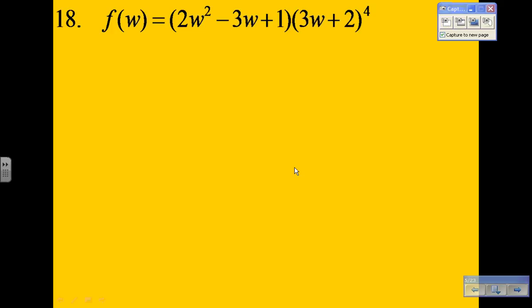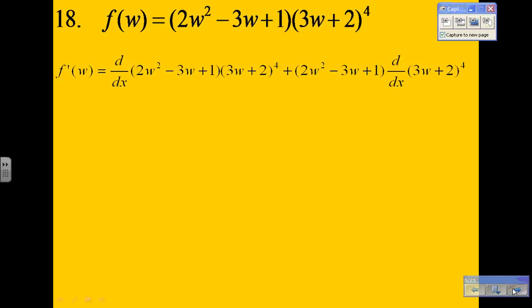What did you do first, Matthew? No, what did you do first on your paper? Just read it to me. Well, exactly. 4w minus 3 times 3w plus 2 to the fourth. Yeah. Plus what? You got to take the derivative of each one.